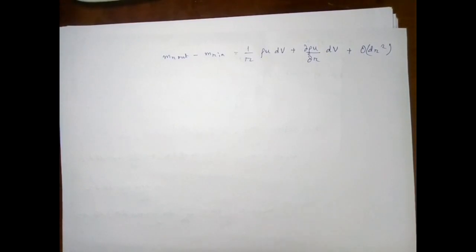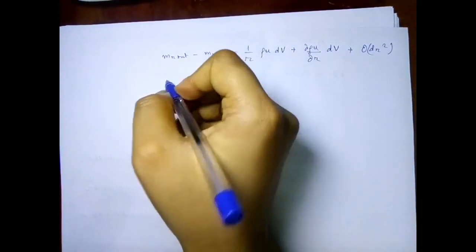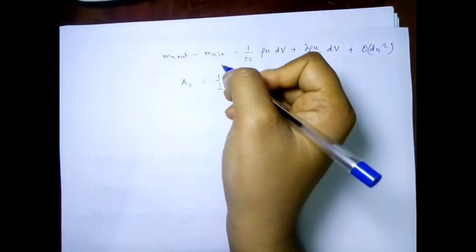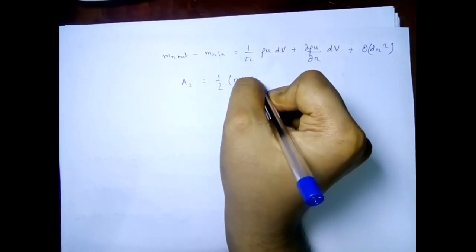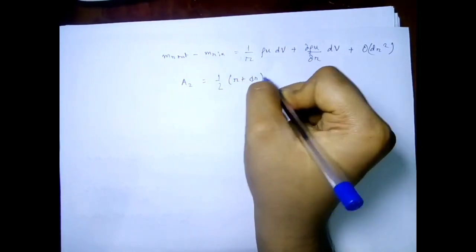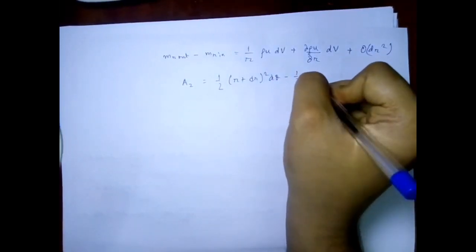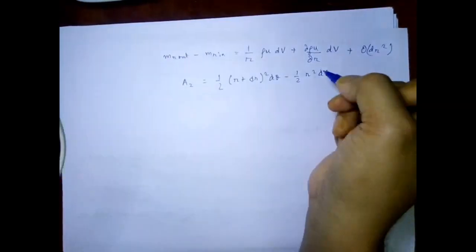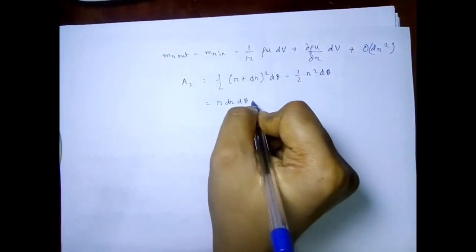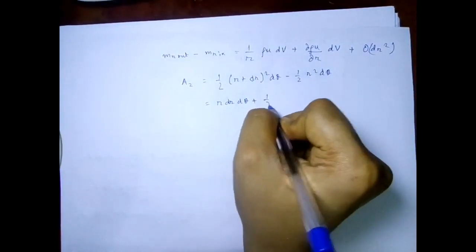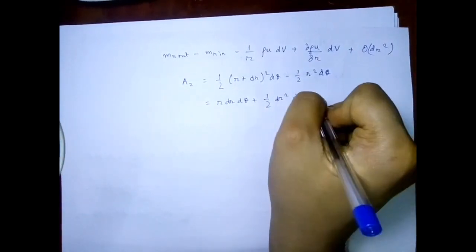So I have the area in the z direction as half times r plus dr square d theta minus half r square d theta, and that will be equal to r dr d theta plus half dr square d theta.